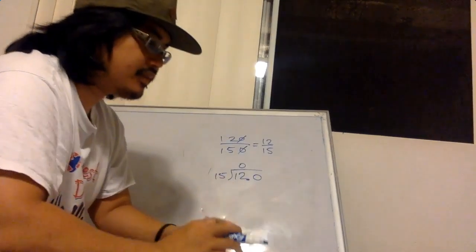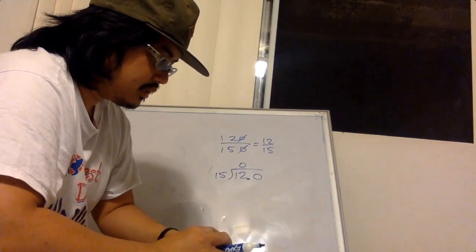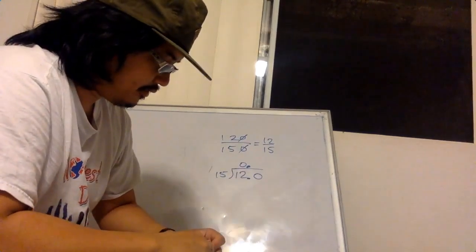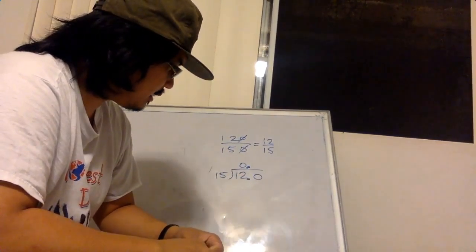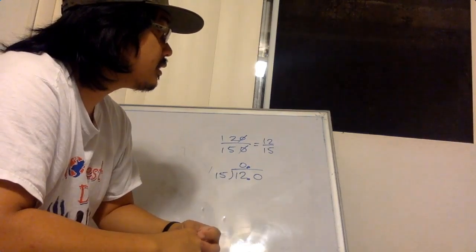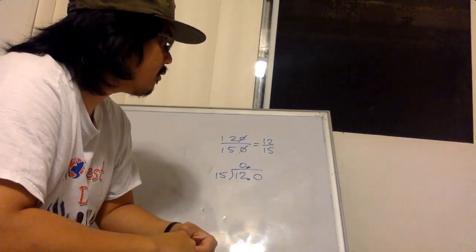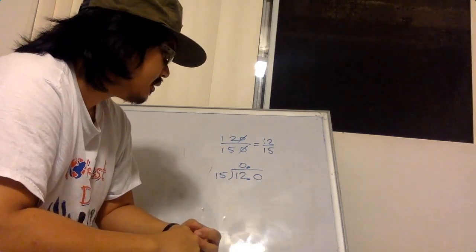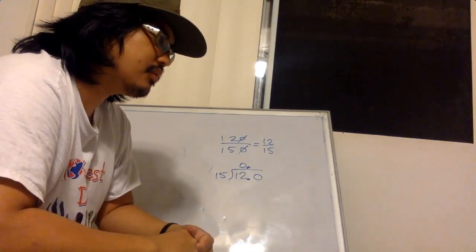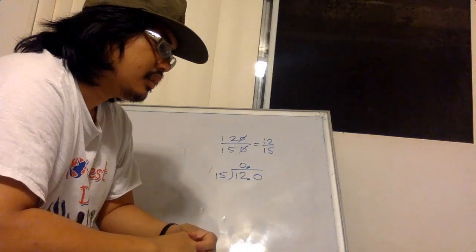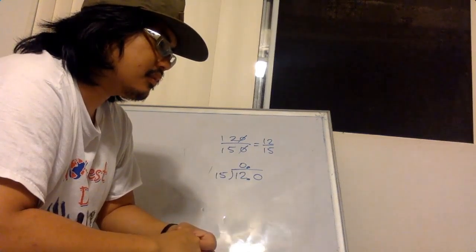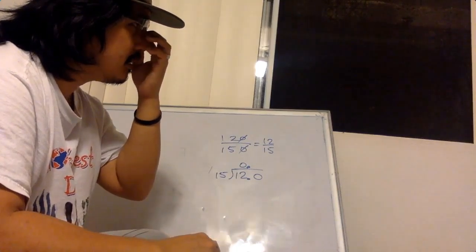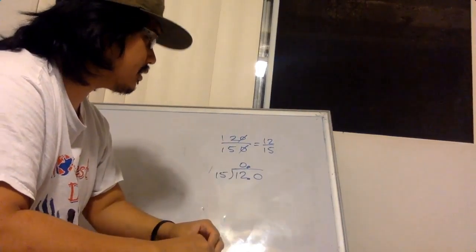How many times can 15 go into 120? Isn't that like 4 times? No, 8 times. Because 15 times 2 is 30, 15 times 4 is 60, and 15 times 8 is 120.